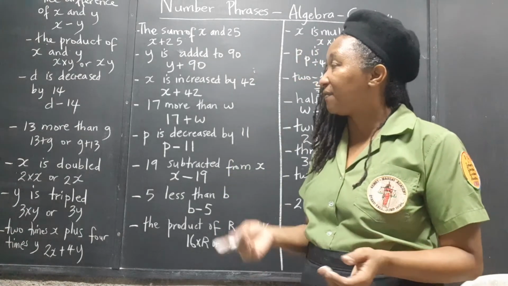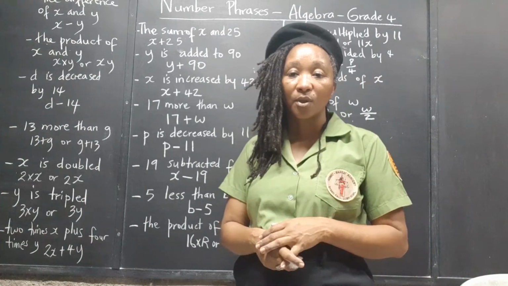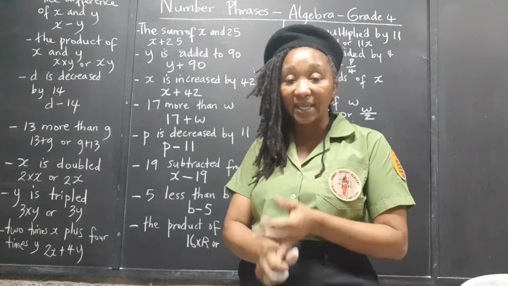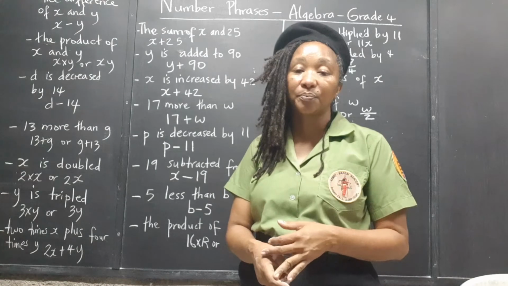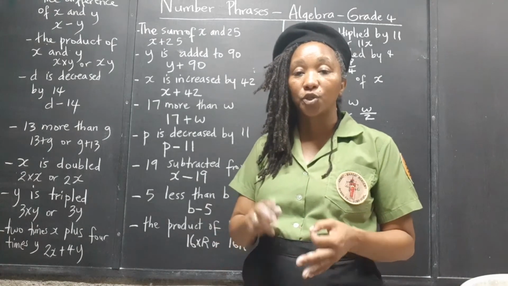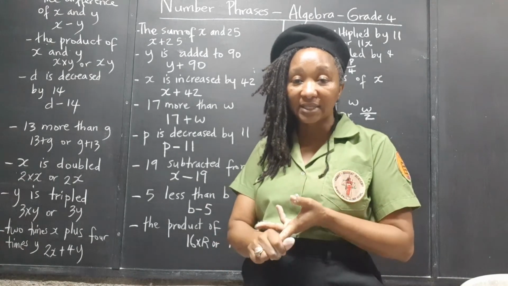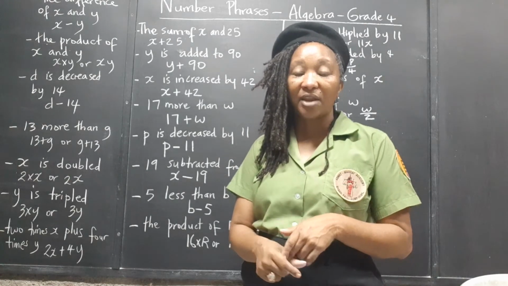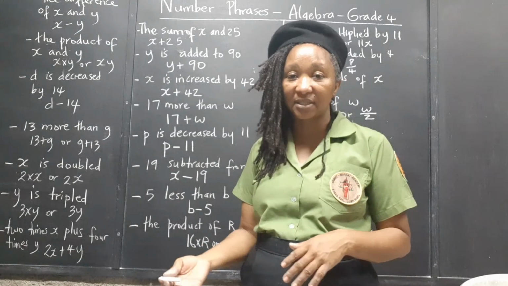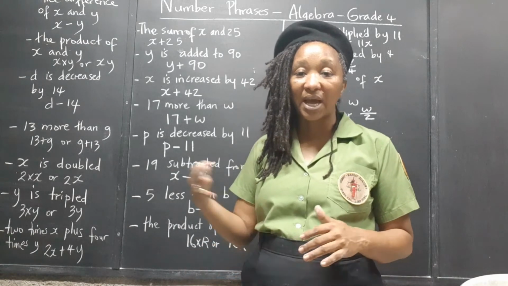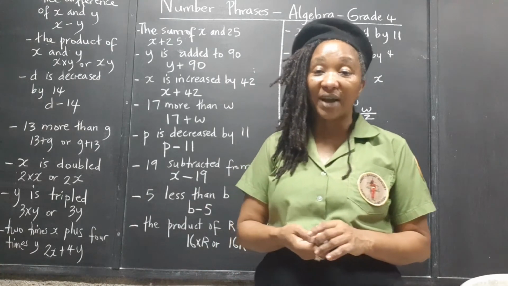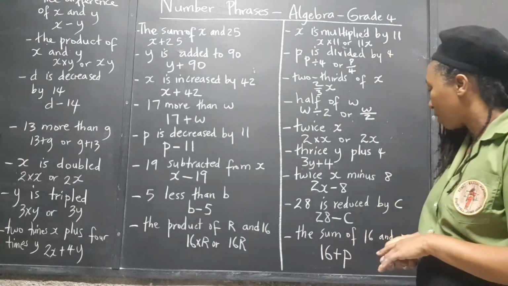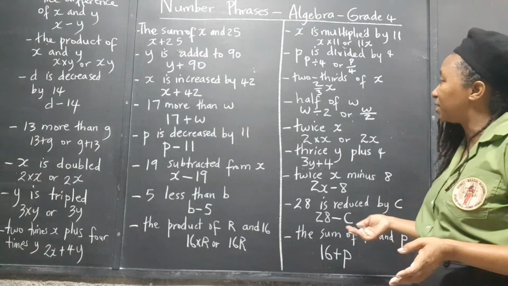And if we're asked to find the product, we multiply. If we're told that something is doubled or twice, that means we multiply by 2. Tripled or thrice, we multiply by 3. And if something is being halved, that means we're dividing, dividing by 2. Alright, so those are the key words.